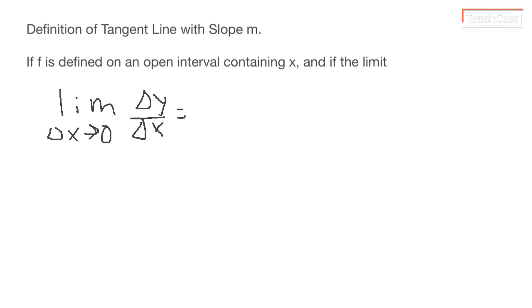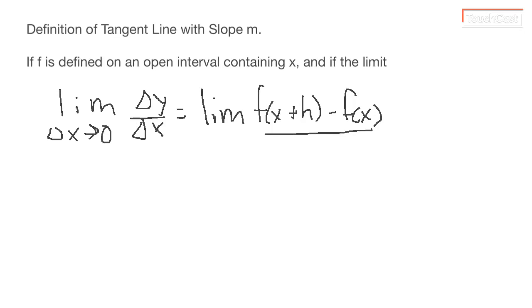So we're going to write this as the limit of f of x plus h minus f of x over h as h goes to 0. This is going to be equal to the slope of our tangent line.